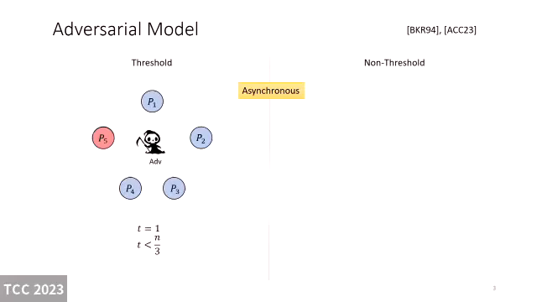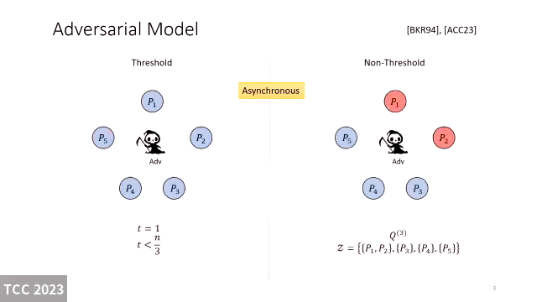And in a non-threshold setting, MPC is possible as long as the adversary structure, so this set Z here, which explicitly mentions the sets of possible corruptions, satisfies the Q3 condition, which means that if I take any 3 sets from this adversary structure and take their union, that does not cover the entire set of parties. And with the example here, we are saying that P1 and P2 can be corrupted together, or P3, P4, and P5 can be corrupted individually.